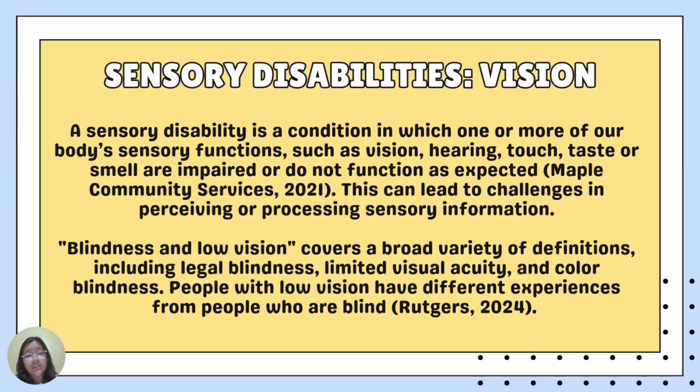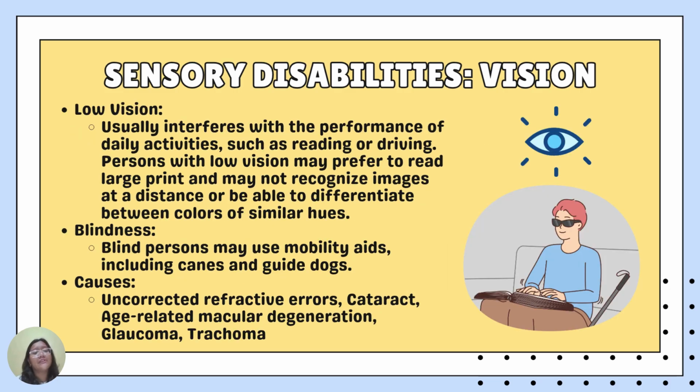Blindness or low vision, and low vision covers a broad variety of definitions, including legal blindness, limited visual acuity, and color blindness. People with low vision have different experiences from people who are blind. So, low vision usually interferes with the performance of daily activities such as reading or driving.